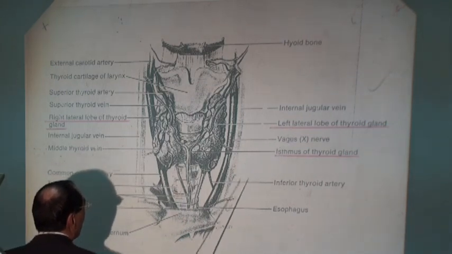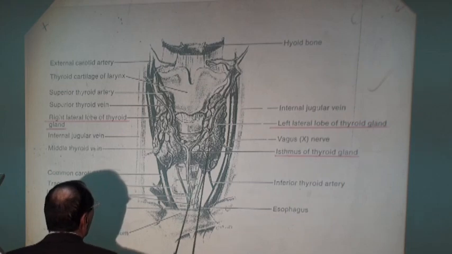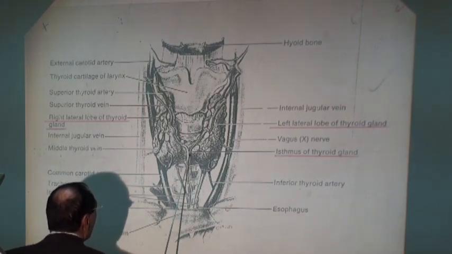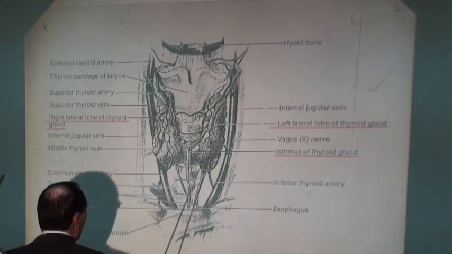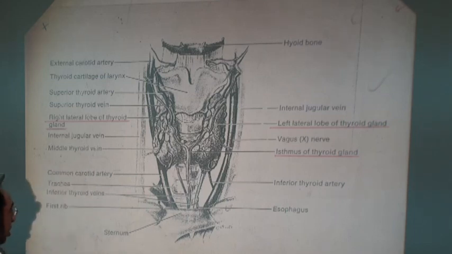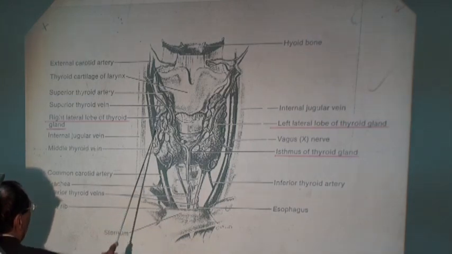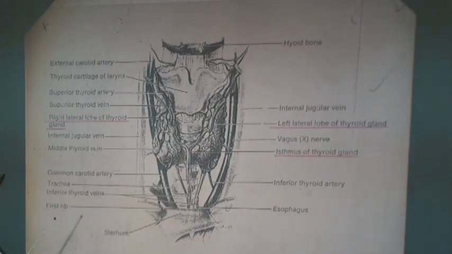These two lobes are joined by a part called the isthmus. The mass of the gland is about 30 gram. Rich in blood supply, a very important gland.